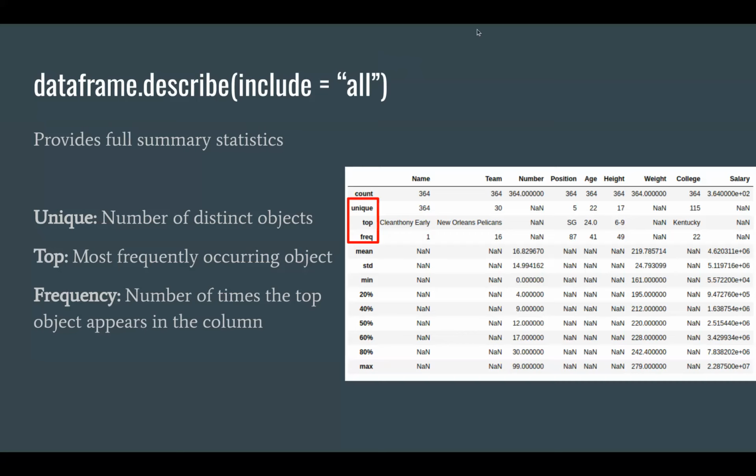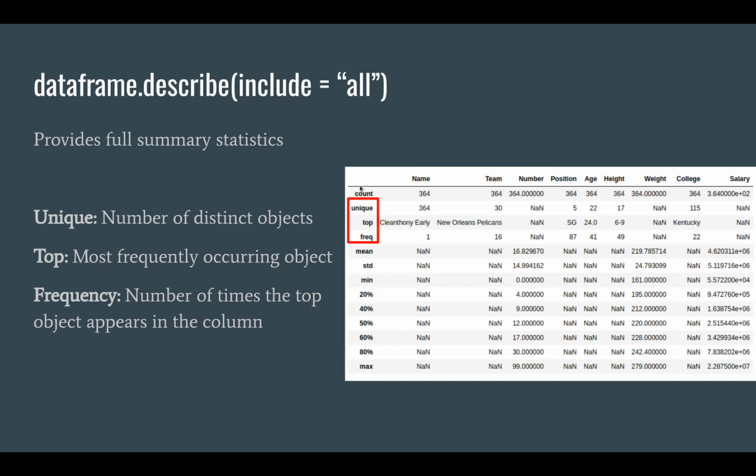In order to enable a summary for all the columns, we could add an argument, include equals all, inside the describe method. So we will pass all as a parameter for include. And when you do this, a different set of statistics is evaluated.